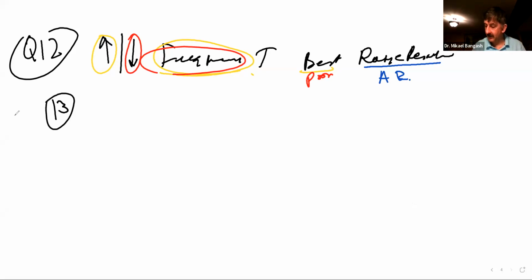And 13 is the longitudinal, or sorry, lucky number. We call it longitudinal. We call it range.